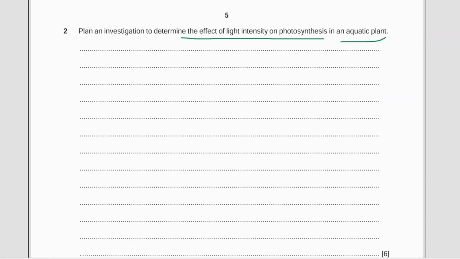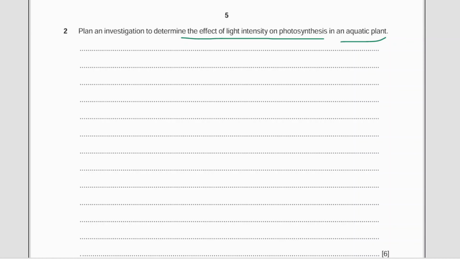We have to tell the method for how we change it. We move the lamp towards the beaker or away from the beaker to change the light intensity.